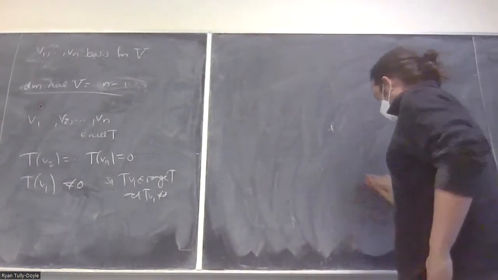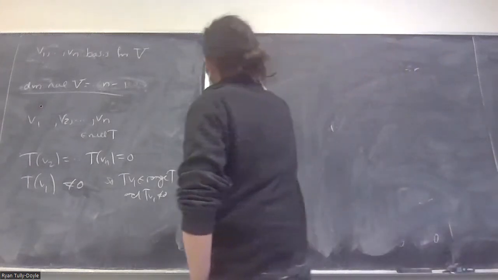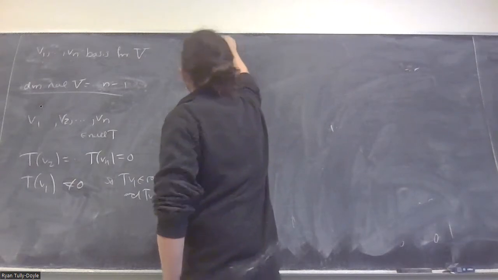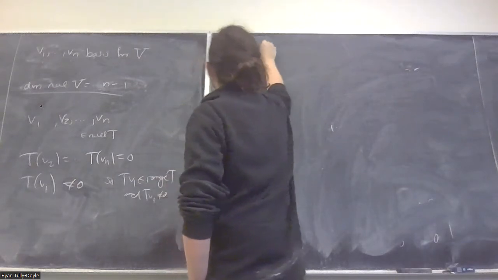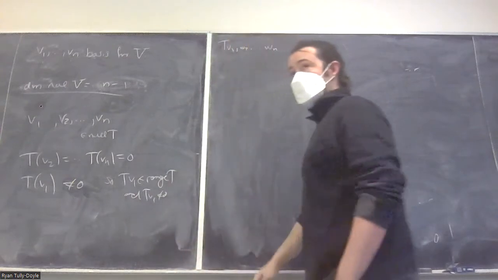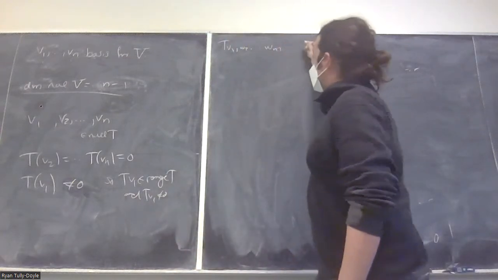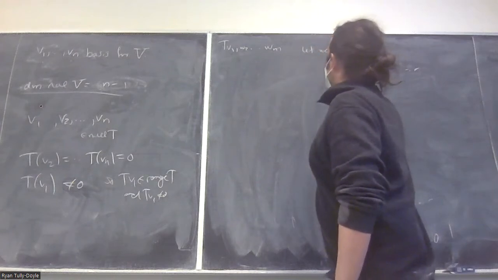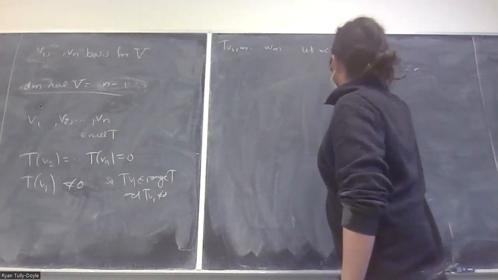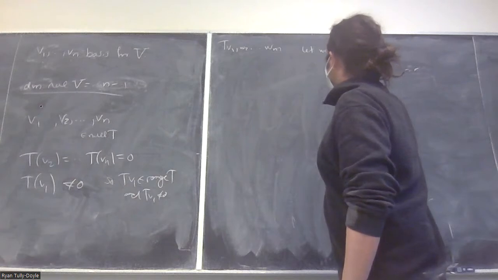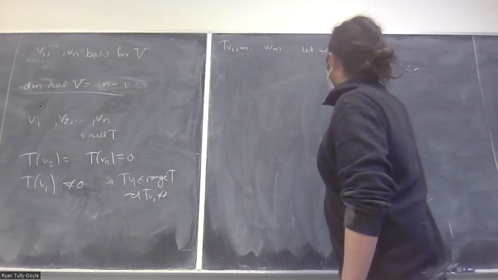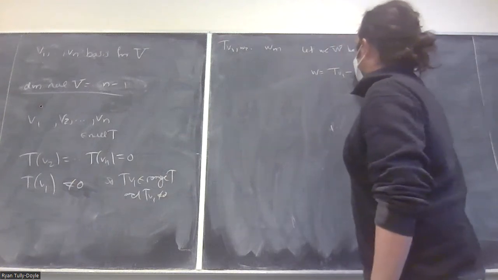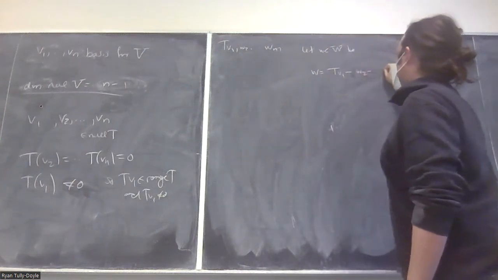You have a basis that looks like TV1, W2 up to Wn, and then let W be an element in W, such that W is equal to W1 minus W2 minus all the way to Wn.